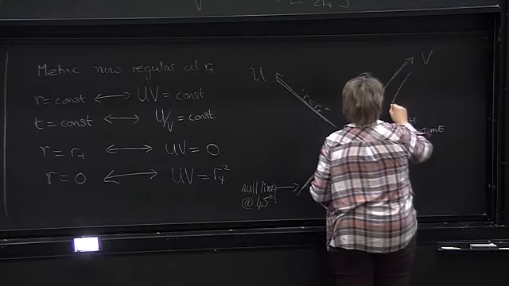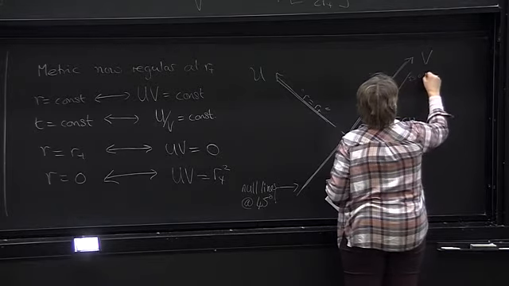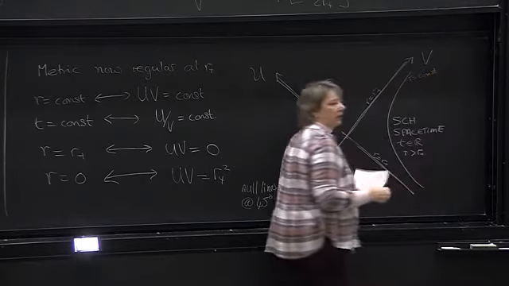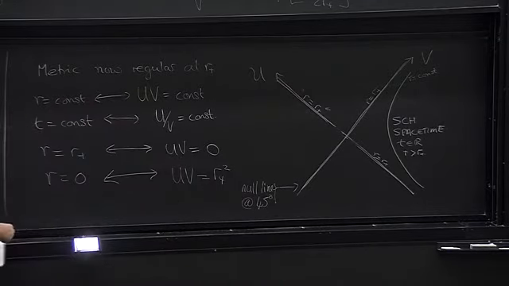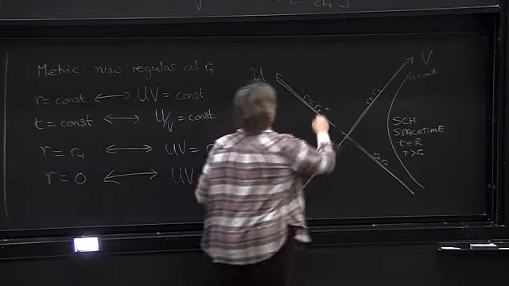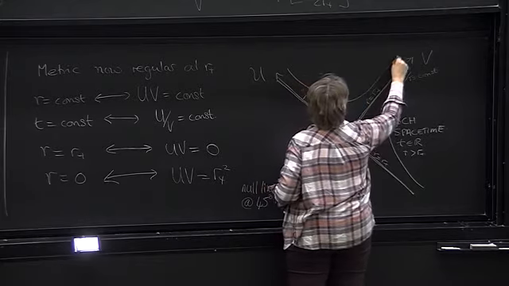Out here, an r equals constant line is just like a hyperboloid, a bent curve. And up here, this is now an r equals constant line.